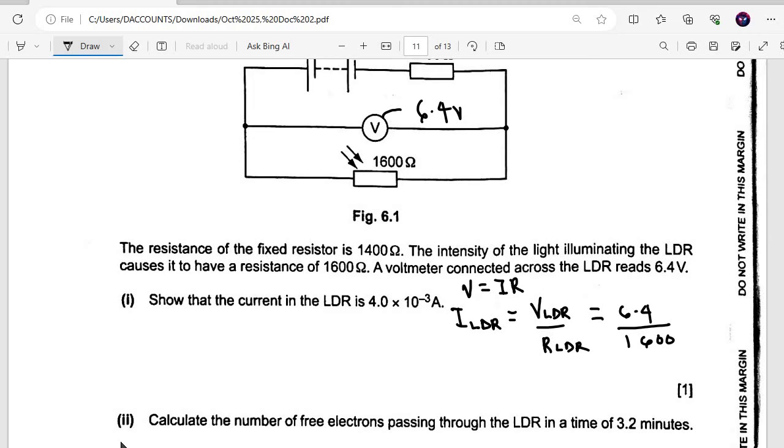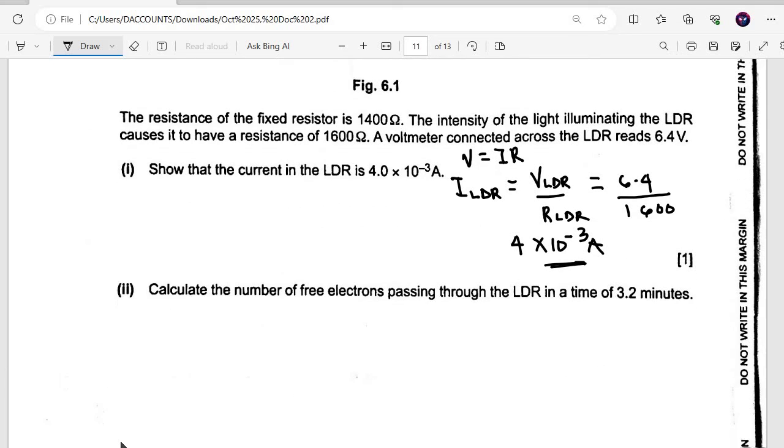With our calculator, 6.4 divided by 1600 gives us 4 times 10 to the power of minus 3 amperes. Remember, you are not awarded the mark for the final answer, you are awarded for the steps. It's a 1-mark question and a proof question, where you know the answer already.